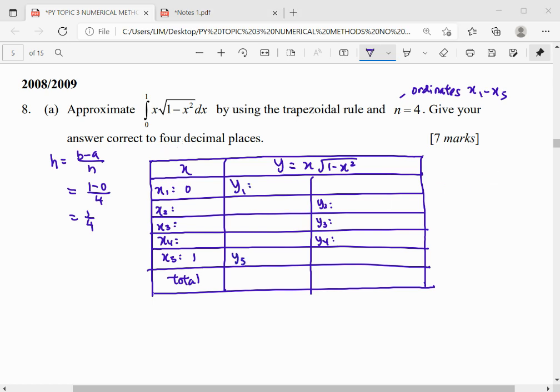Okay, calculator. Take the mode of table. Function: x times the square root of 1 minus x squared, equals g(x). Don't have a second function, skip. Beginning, start with 0, our upper limit 1, step is 1 over 4.